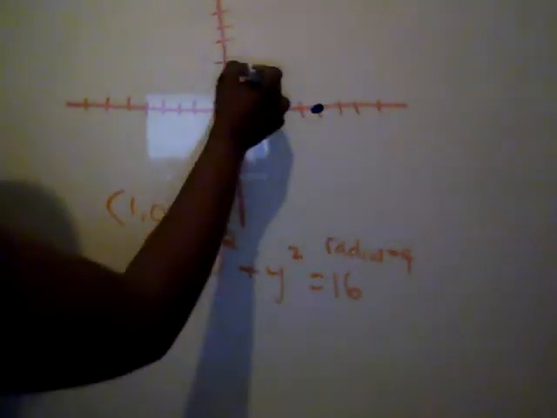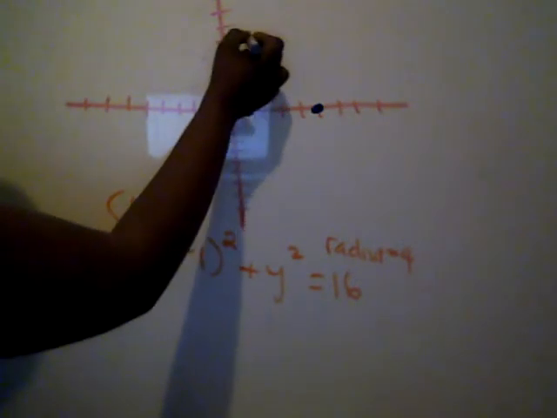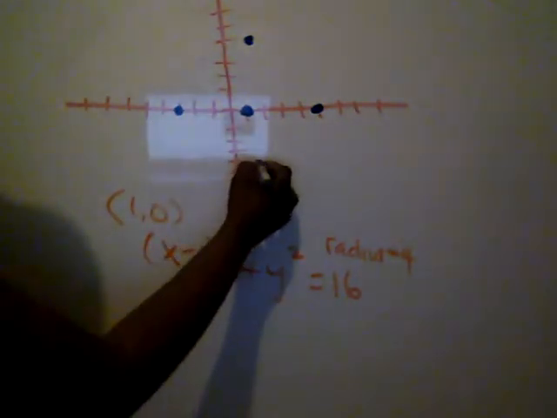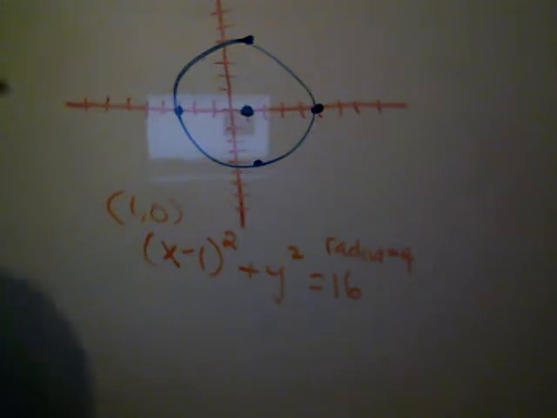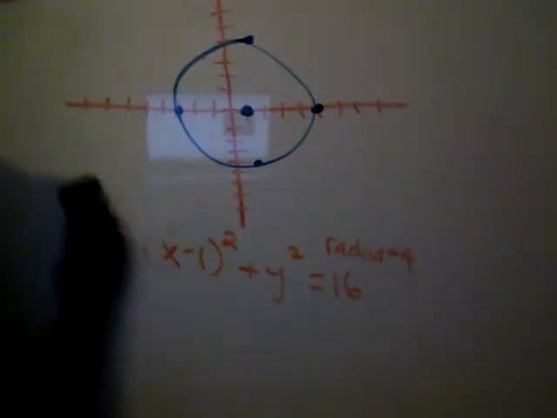So we'd have one dot here, one dot straight up from here, and then one dot here and one dot here. So this would be our circle. All right, so then for 3 and 4, these are the same ideas for graphing these circles.